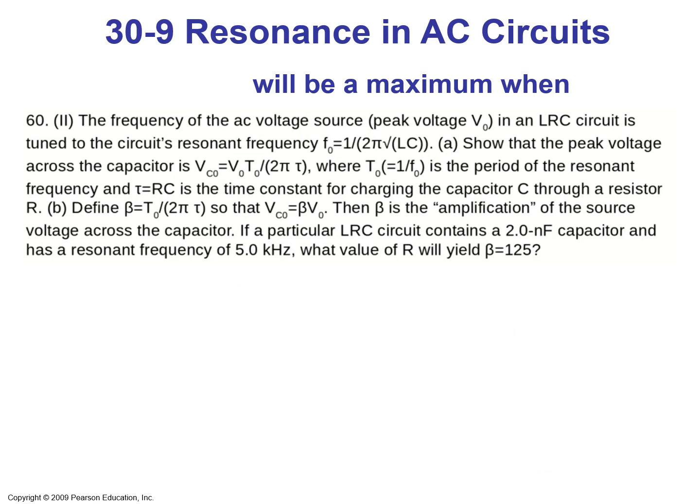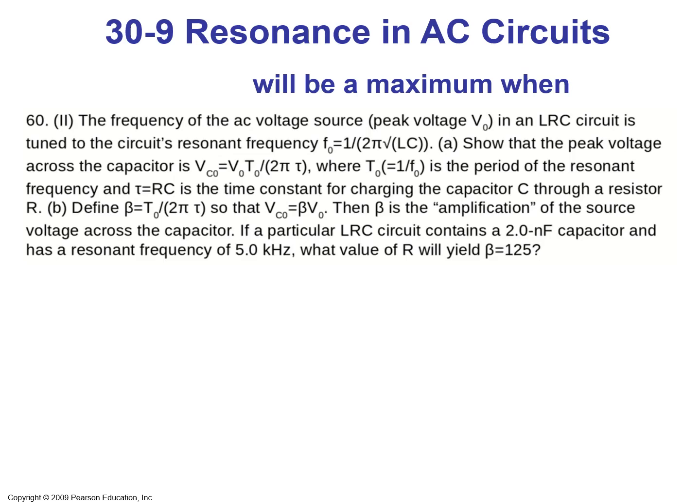The frequency of the AC voltage source, peak value V0, in an LRC circuit is tuned to the circuit's resonance frequency F0 equals 1 over 2 pi times the square root of L times C. A. Show that the peak voltage across the capacitor is Vc0 equals V0 times T0 over 2 pi tau, where T0 equals 1 over F0 is the period of the resonance frequency, and tau equals R times C is the time constant for charging the capacitor C through the resistor R.